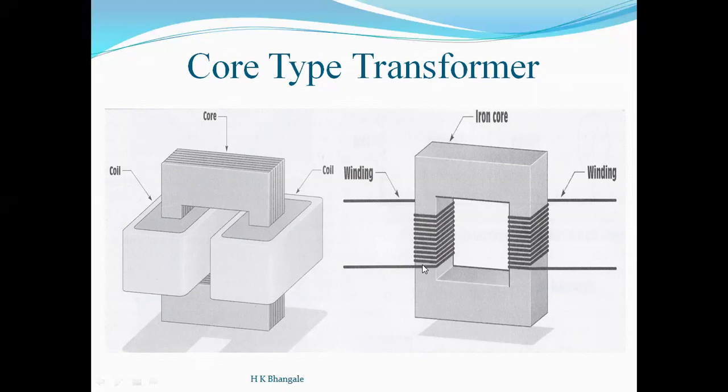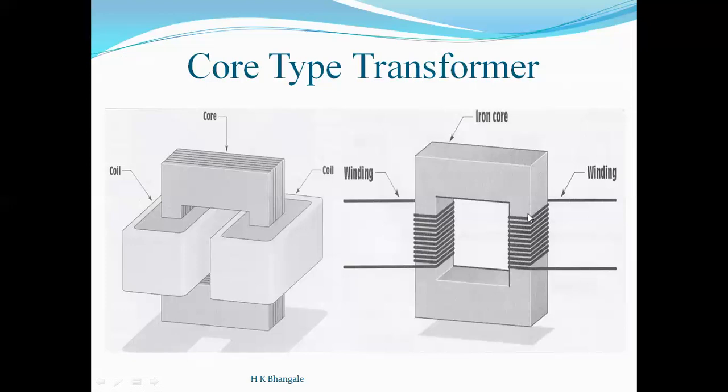The core is rectangular, having two limbs. If you observe this core, its shape is rectangular, and this rectangular shape has two limbs: this is the first limb, and this is the second limb. On these two limbs the winding is placed.